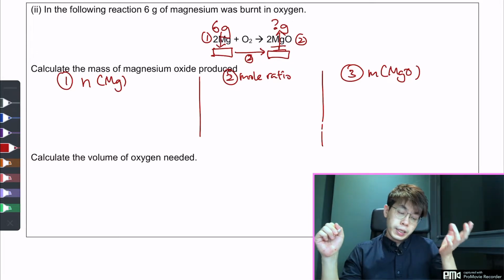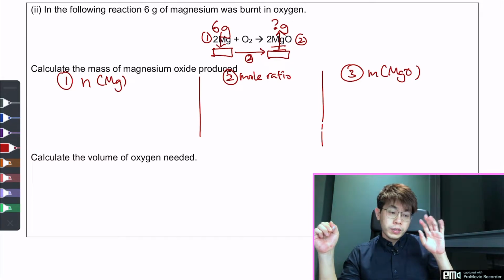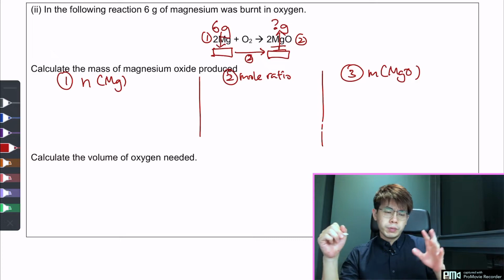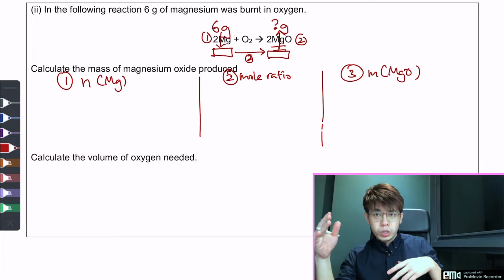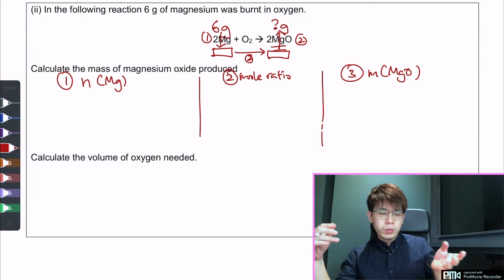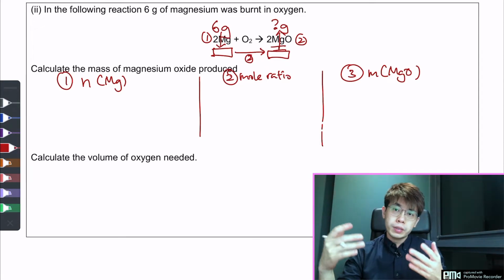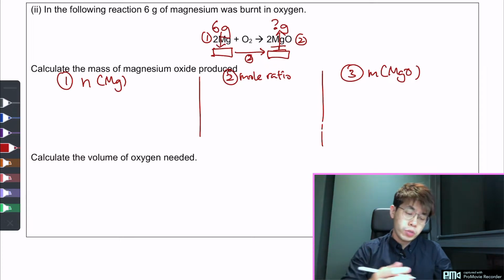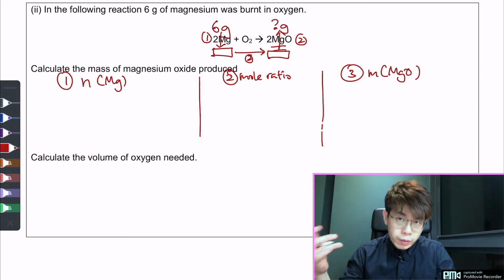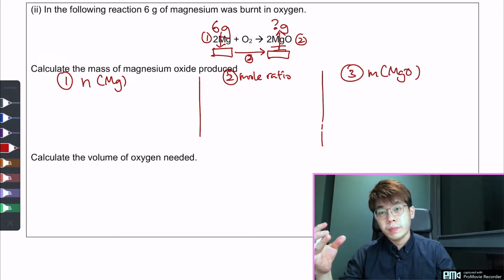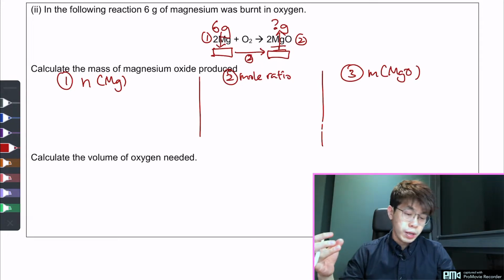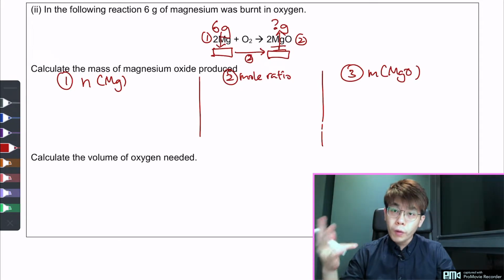Firstly, I need to find the number of moles of 6 grams of magnesium. Now many of us might be wondering, hey, there's this 2 in front of the Mg. Do I need to calculate it? Let's think about it. What is the Mr or the Ar of Mg? Is the Ar of Mg 2 times Mg? No. Mg is magnesium, and magnesium itself has an Ar of 24.